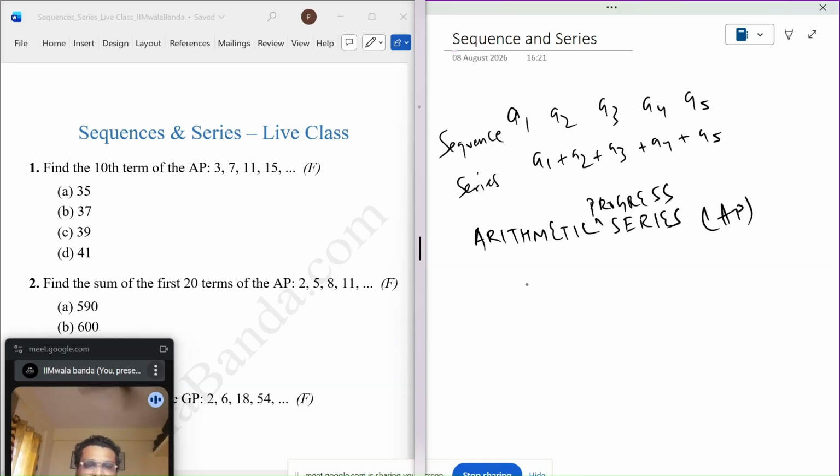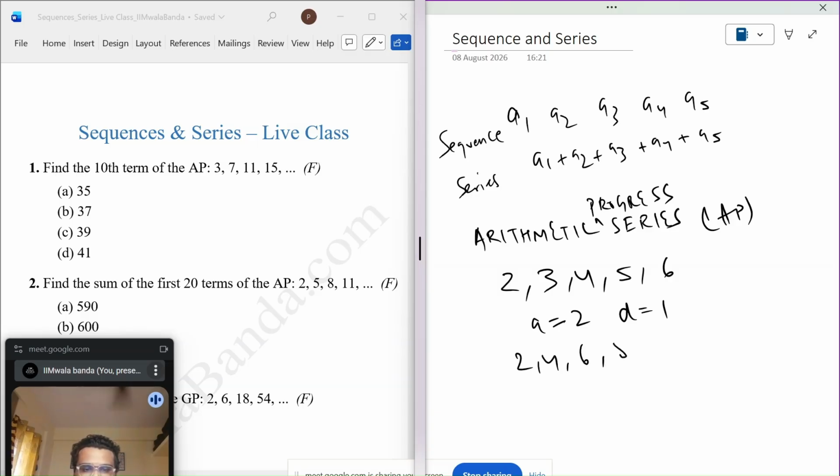Now, in this, we will always have a number, let's say the first number is 2, then something will get added to it, 3, 4, 5, 6. This is an AP because the first term is 2 and every term is getting increased by 1. So the common difference between every number is 1. So in this case, it's an AP.